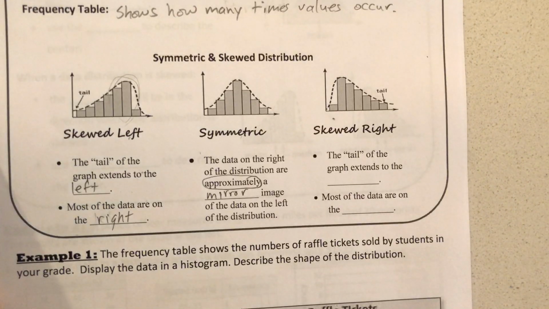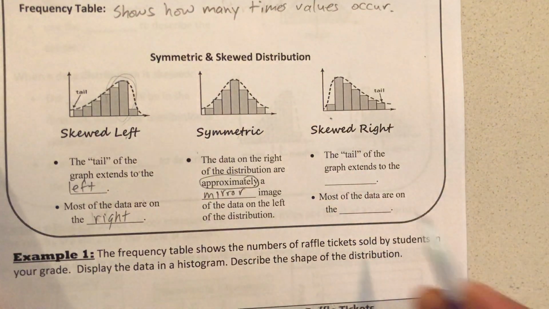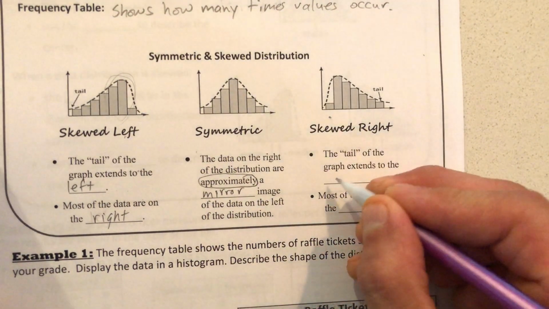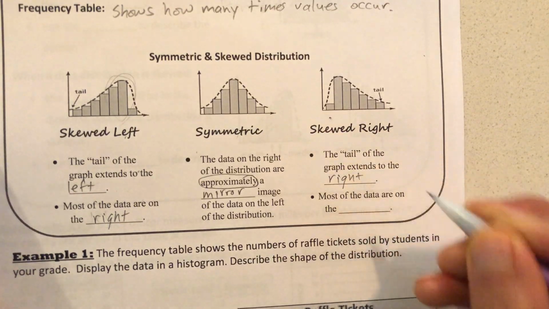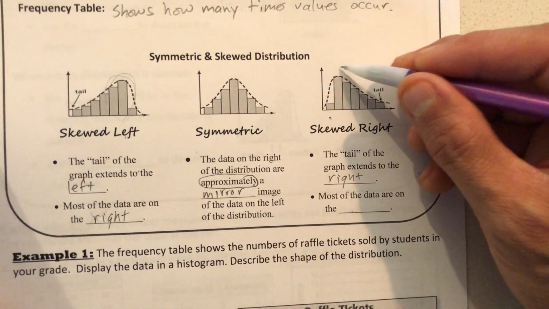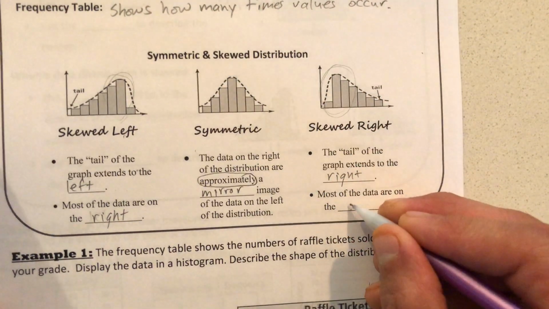And then for skewed right, the tail of the graph extends to the right, and most of the data are over here on the left.